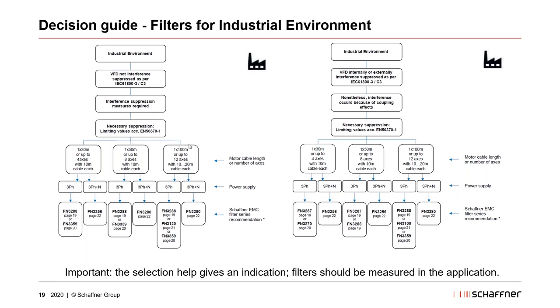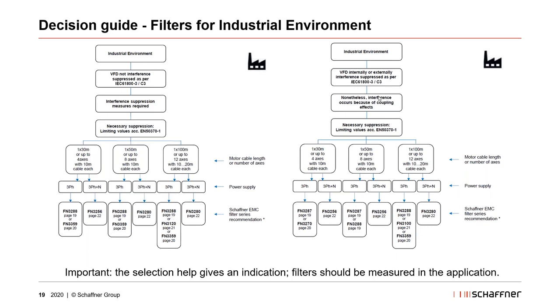If you go to the more complex side, 12 axes, you also see the FN3288 here, and I will discuss later on why it's the same filter. You have different variants of this filter, but here also the FN3120, for example, comes into the game, because this is a very high performance filter for these 3-phase applications.